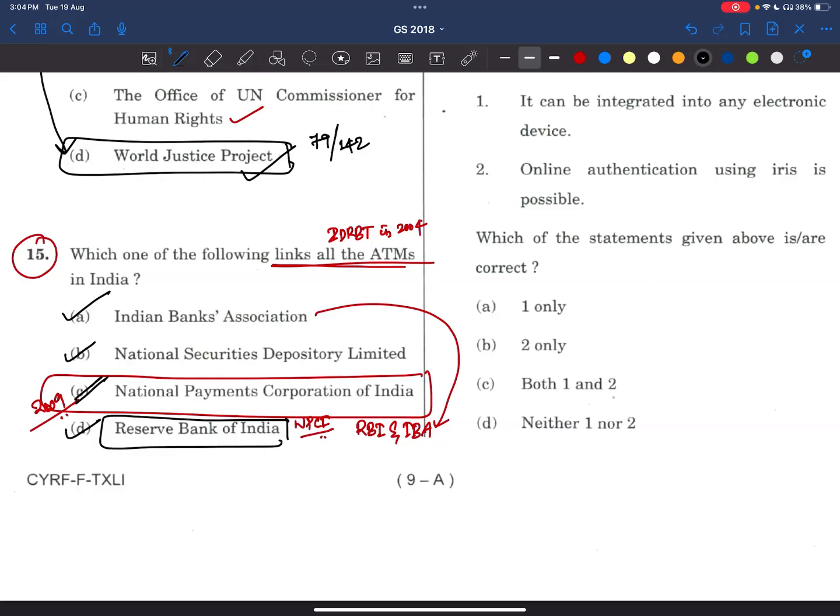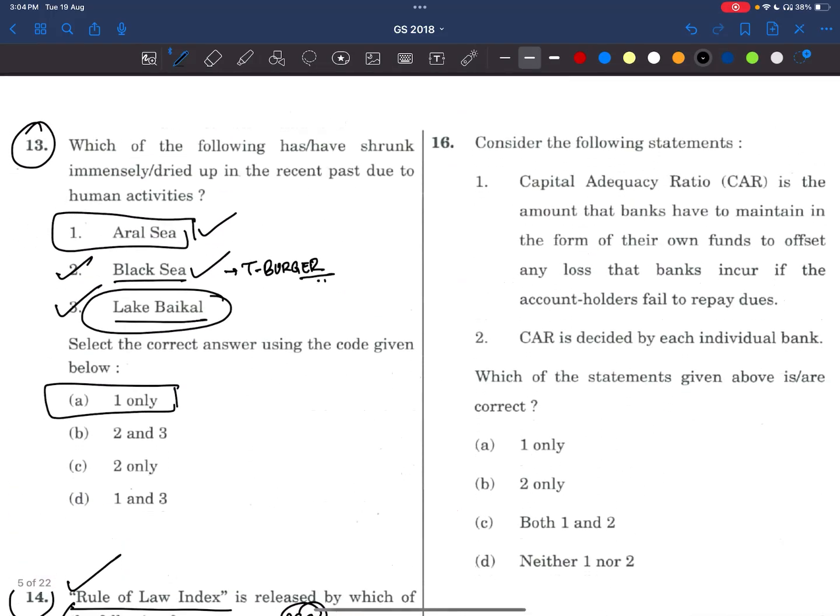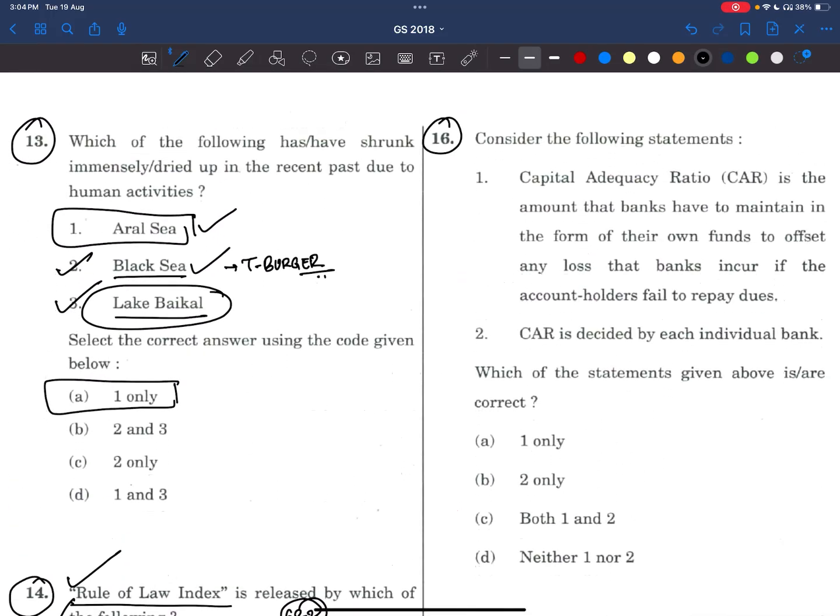Okay, now coming to the 16th question. Consider the following statements. Capital adequacy ratio is the amount that banks have to maintain in the form of their own funds to offset any loss that banks incur if account holders fail to repay. Yes, friends, this is the exact definition of CAR.